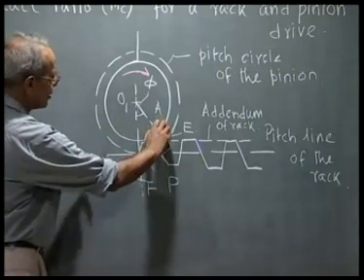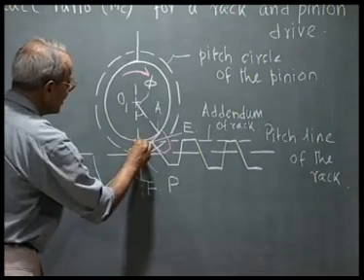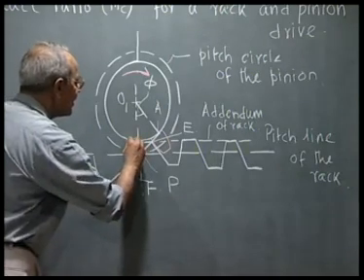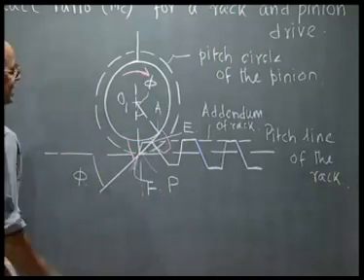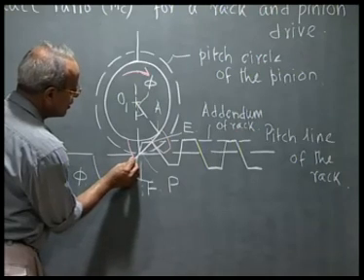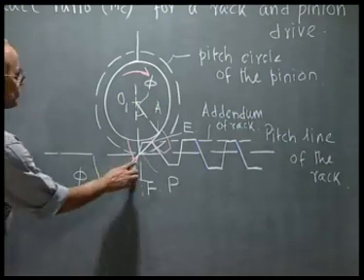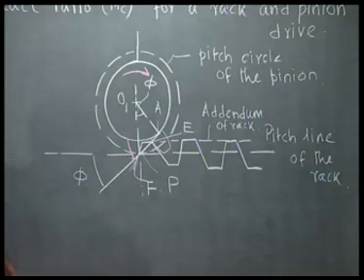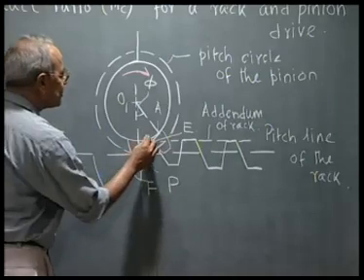This tooth has rotated and let's say this is the addendum circle. This point is F. Now how much is the movement of this tooth measured along the base circle?